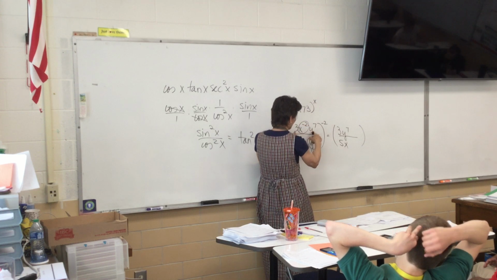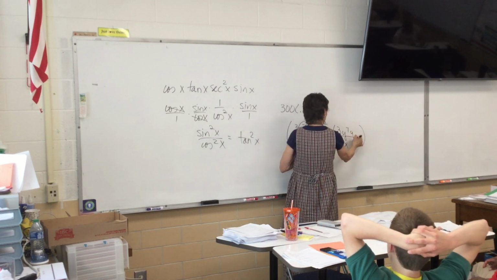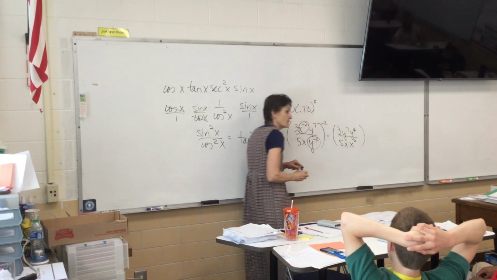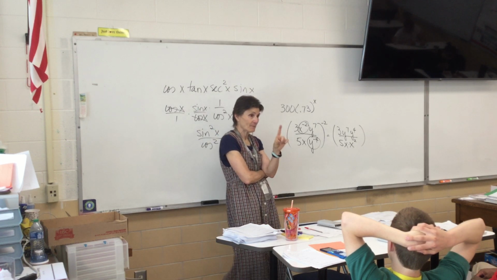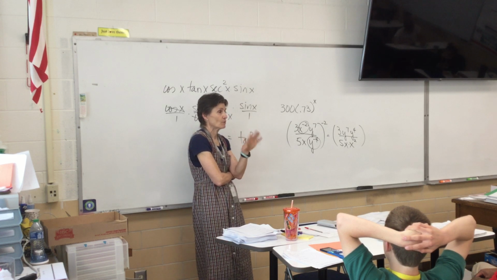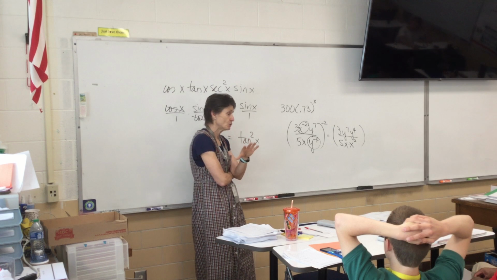So the 3y to the 7th will stay put, the 5x will stay put. But this y to the 4th is going to the top, and this x squared is coming down. Why wouldn't you add them? So one thing that has to happen at some point in the problem is you have to take care of your negative exponents. So you don't have to do it first, but you have to do it.